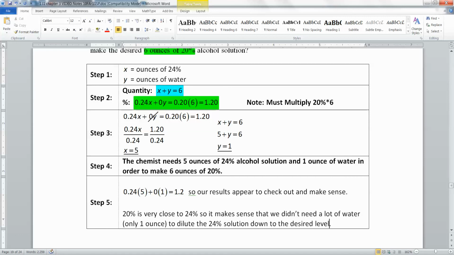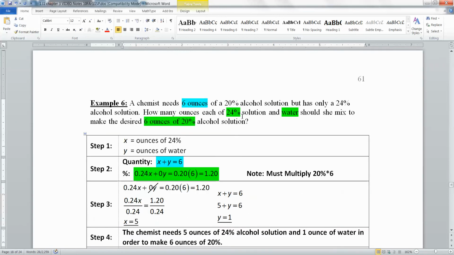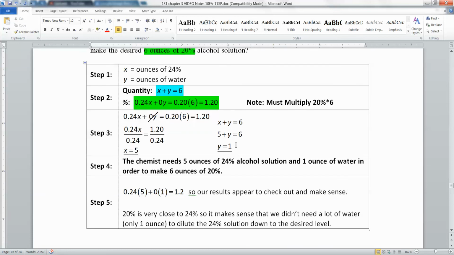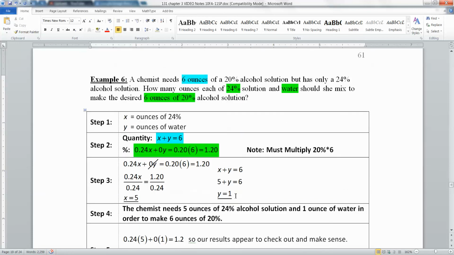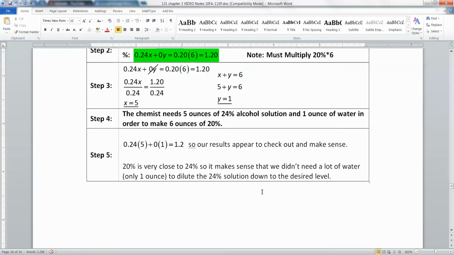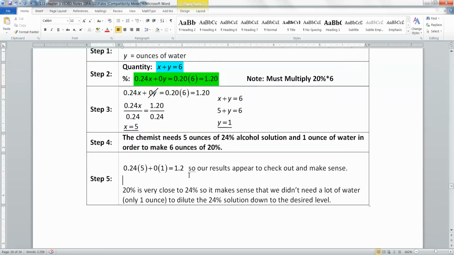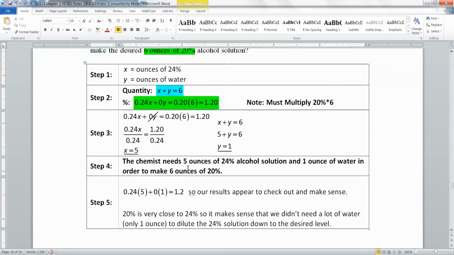Cool? So that's the logical check. We can check our numbers, and then we can also check whether it makes sense logically. I was at 24%, I only wanted 20%. That's not a big difference, so I didn't need tons and tons of water to dilute this down. If they had said we want a 2% solution, then you would have had to pour in a lot of water, right? And again, I know this all worked out to be whole numbers, but that might not be the case on your test or something. So beware, it could totally work out to be ugly decimals.